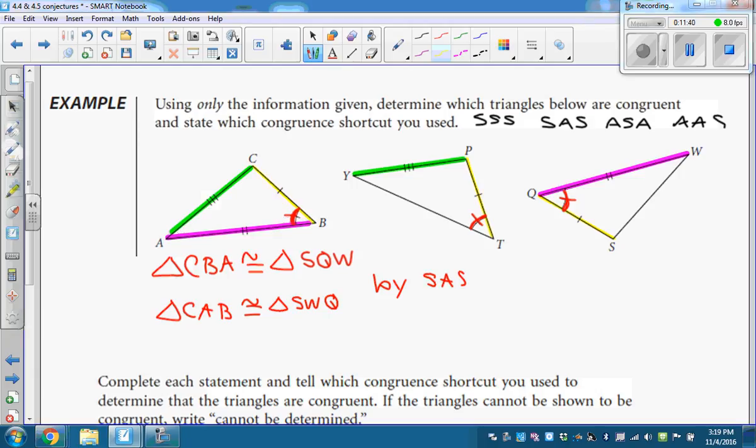No, because if it has these two sides the same, and the angle is also the same, then that third side would have to be the exact same length, right? Not necessarily, because this angle can change. This yellow piece here, Luke. You don't know for sure what angle P is. So angle C and angle P could be different. Don't rely on the picture.